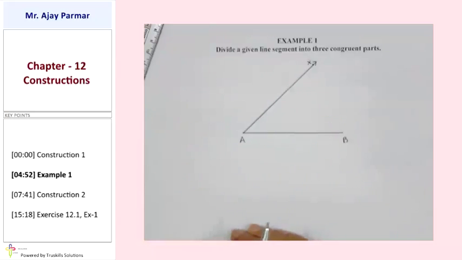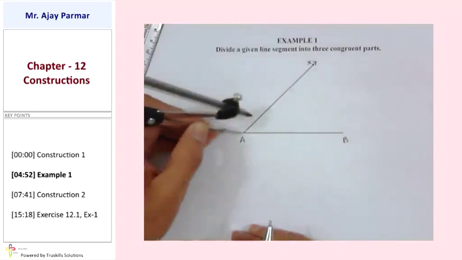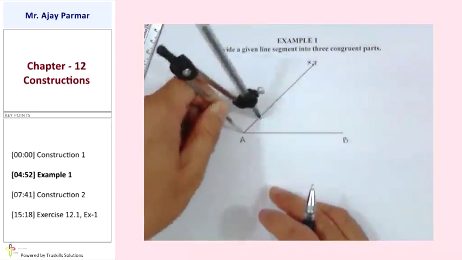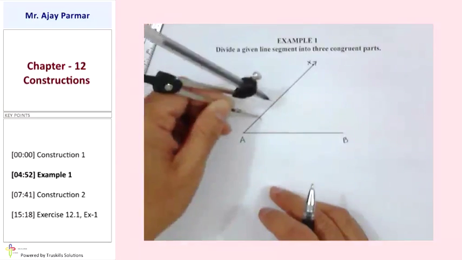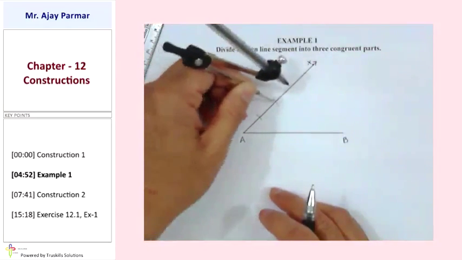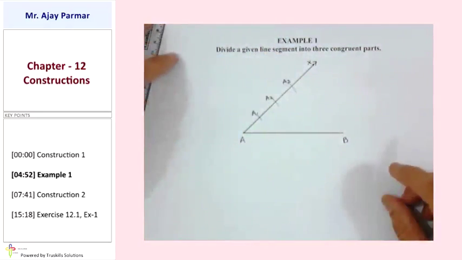Now, taking any arbitrary radius, we shall draw 3 arcs on ray AX, intersecting at A1, then A2, and then A3.